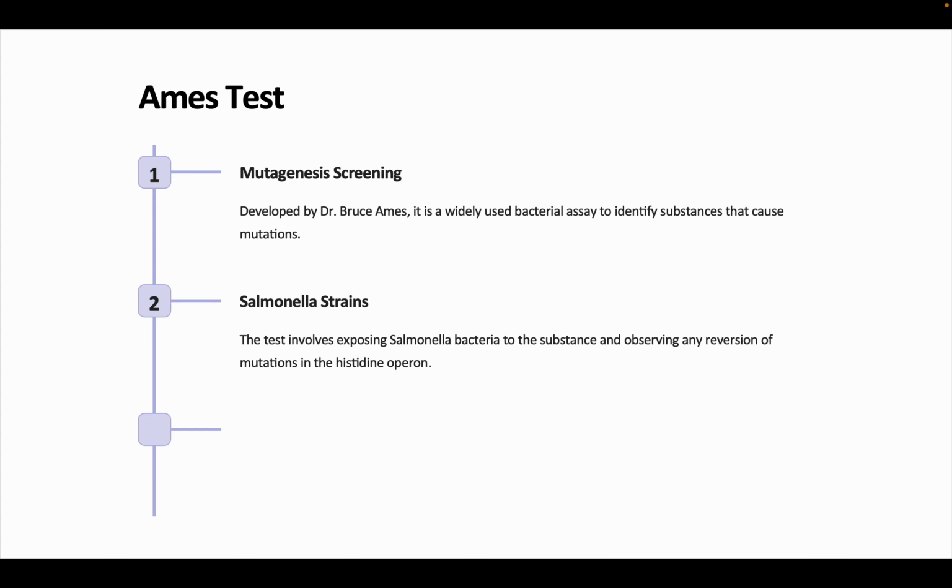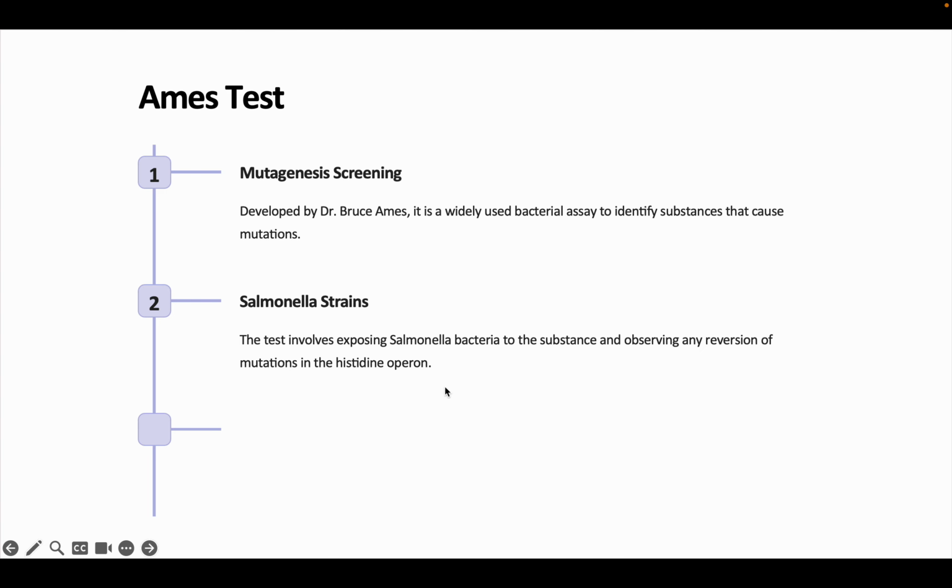When this test was done, Salmonella bacteria were exposed to a mutagen, some chemicals, and then observed. These bacteria lack histidine, which means that they need histidine for their growth. If histidine is not present, they cannot grow.